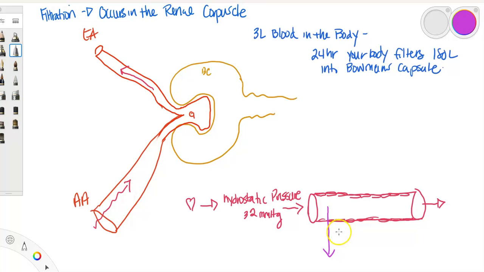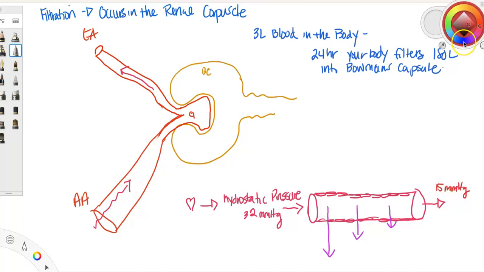Remember, we called that bulk flow. So as it goes down the capillary bed, it's less and less. Okay, so when the blood leaves the capillary bed, the pressure is at about 15 millimeters of mercury of hydrostatic pressure.